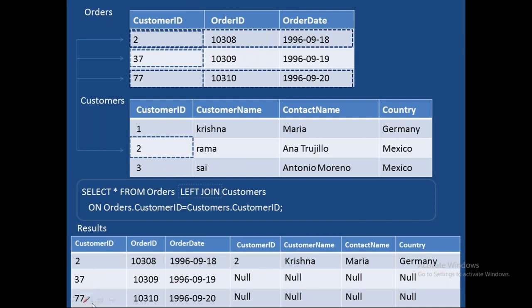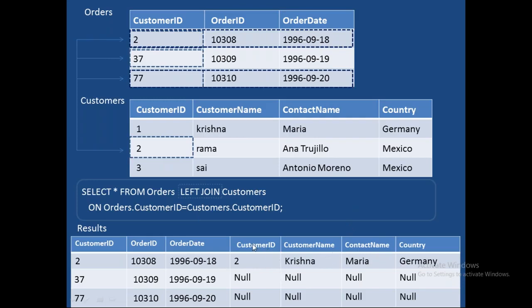I placed all records here, then fetch the common matching records from the right table. The matching record is only 2, so I fetched the matching record from the right table, and for unmatched records we have nulls. Left means bring all the records from the left table, keep them here, then bring the right table records wherever they match. That is what left join means.